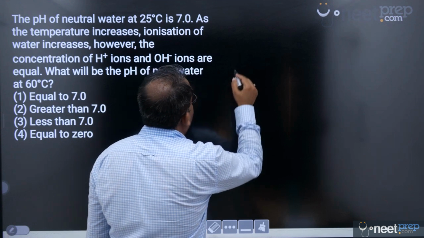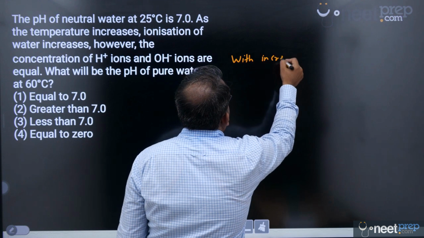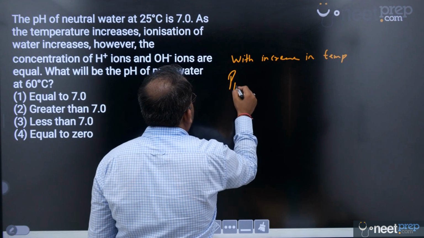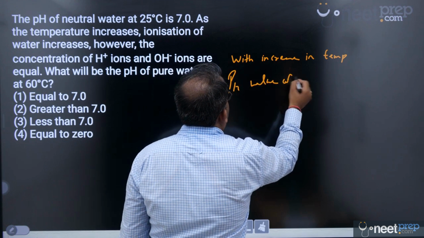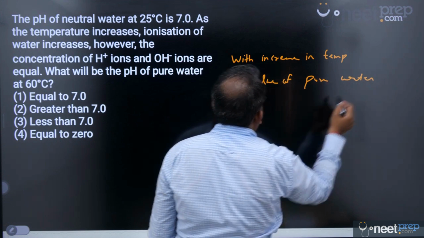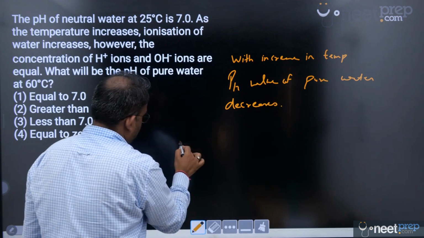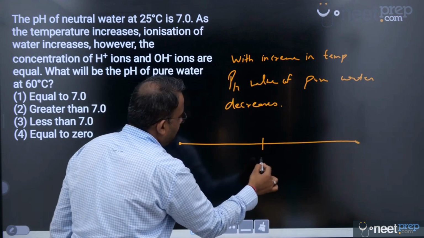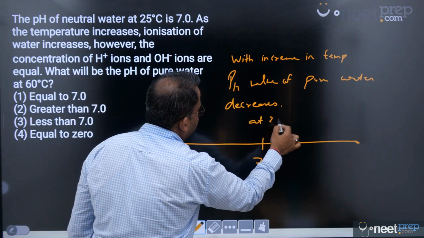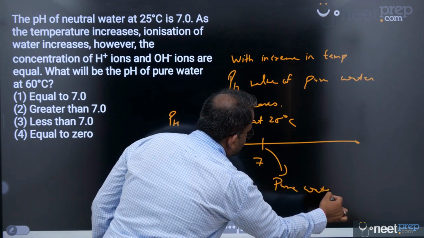Let me clarify. With increase in temperature, pH value of pure water decreases. Now if I take a pH scale at 25 degrees Celsius, pure water pH is 7.